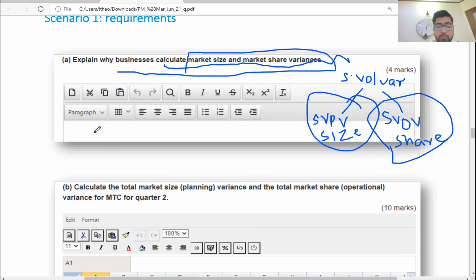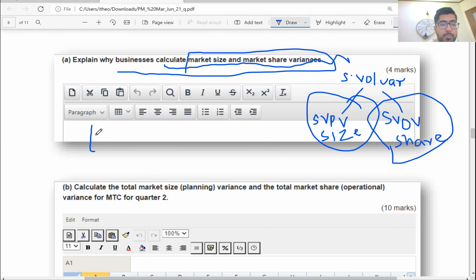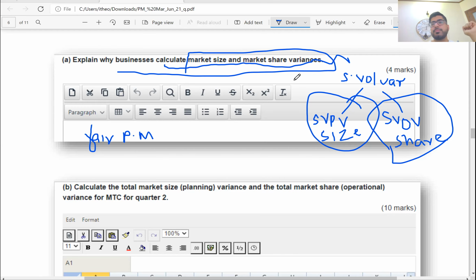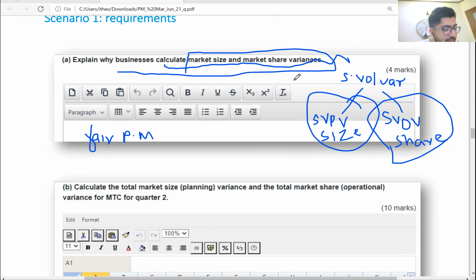The answer for 4 marks is that businesses calculate planning and operational variances, market size and market share, just for fair performance measurement of managers. That's the central idea: businesses calculate any planning and operational variance for fair performance measurement. Historically, if any variance was calculated and it was adverse, it was a general tendency to assume that obviously it was the manager's fault.